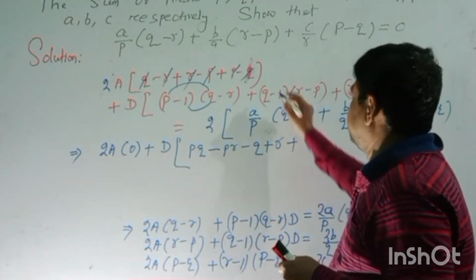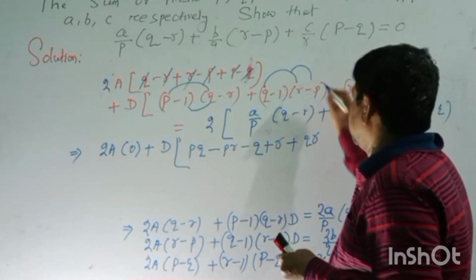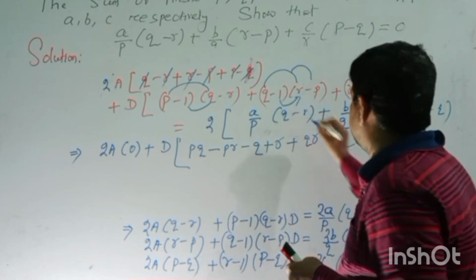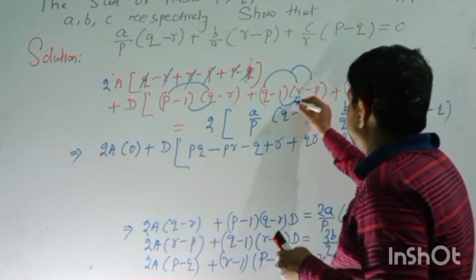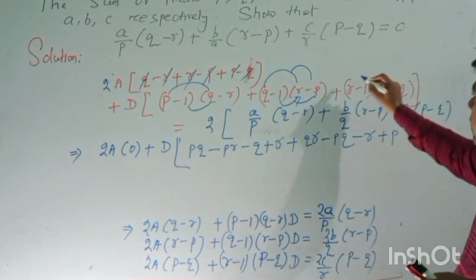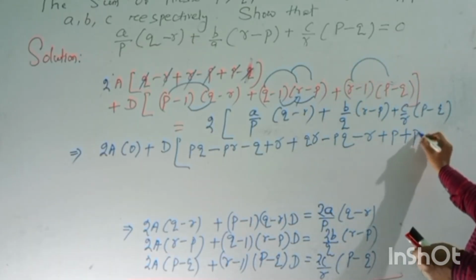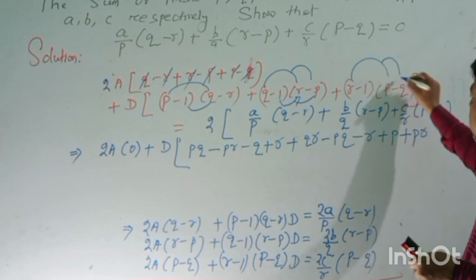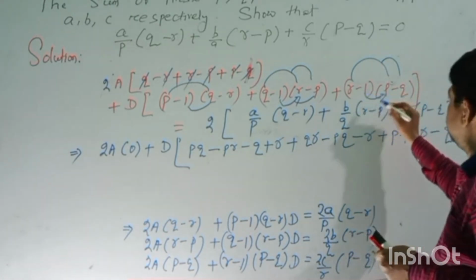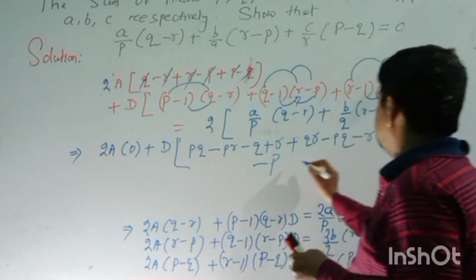Similarly, q into r which is qr, q into minus p which is minus pq, minus 1 into r which is minus r, and minus 1 into minus p which is plus p. In a similar manner, multiply r into p, plus pr, r into minus q, minus qr, minus 1 into p which is minus p, and minus 1 into minus q which is plus q.